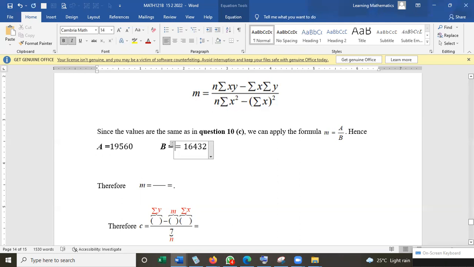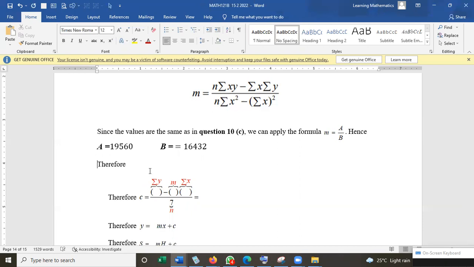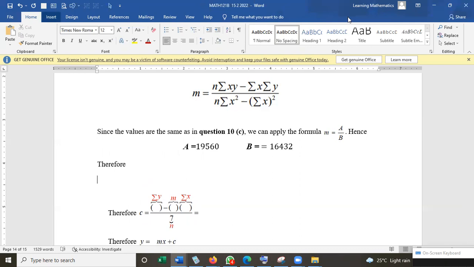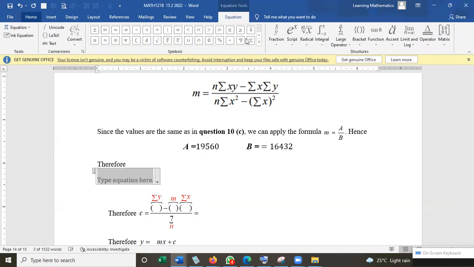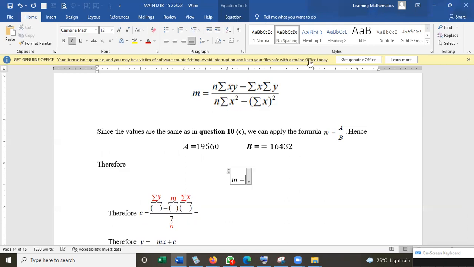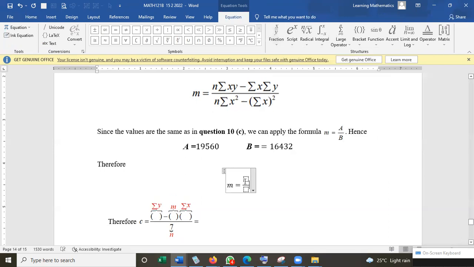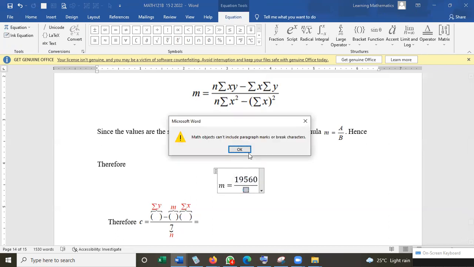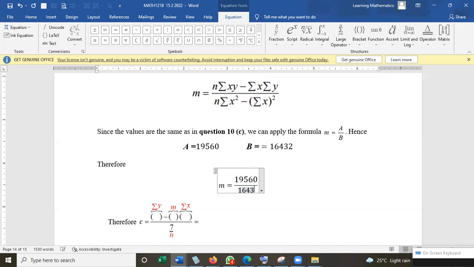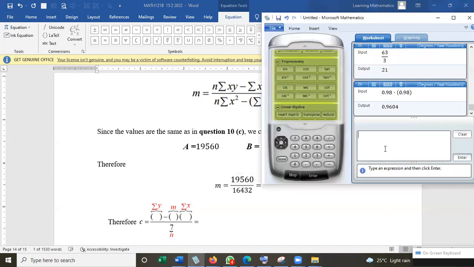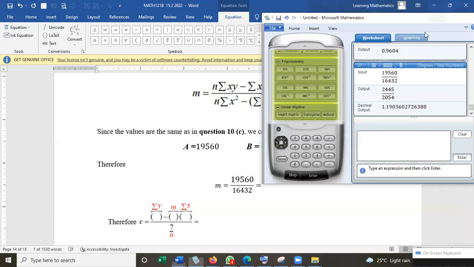So therefore, M is equal to 19,560 divided by 16,442. 1.19, two decimal places suffice.